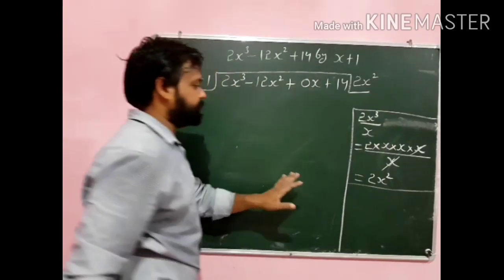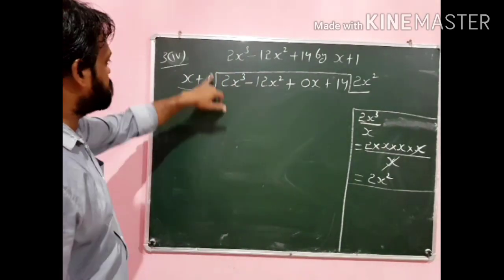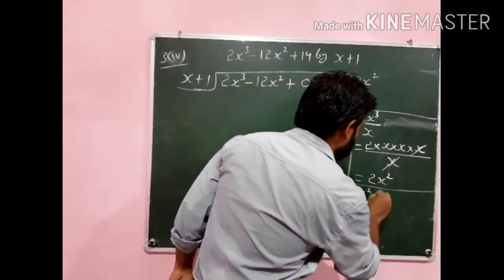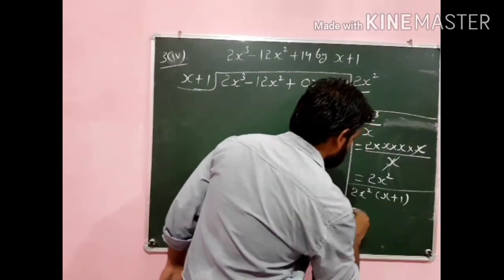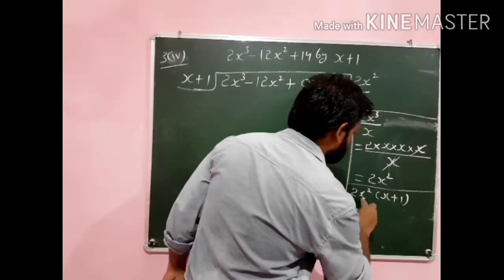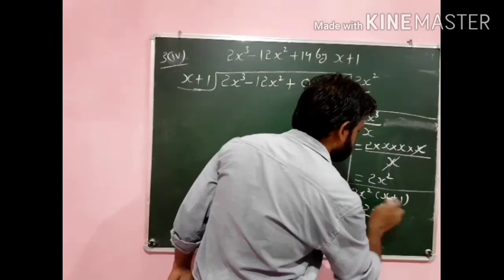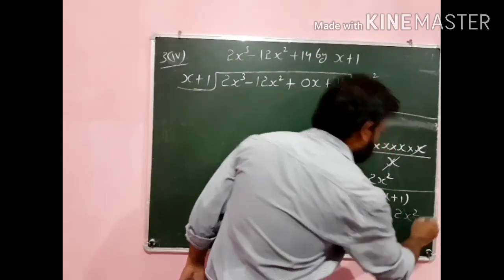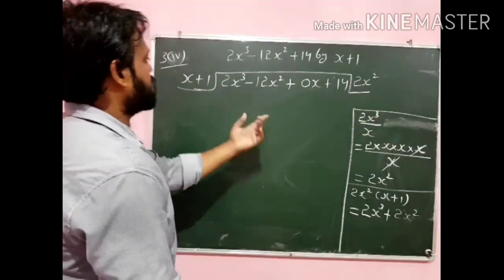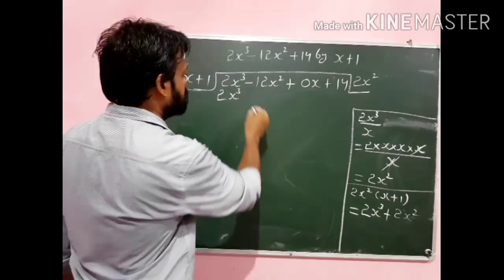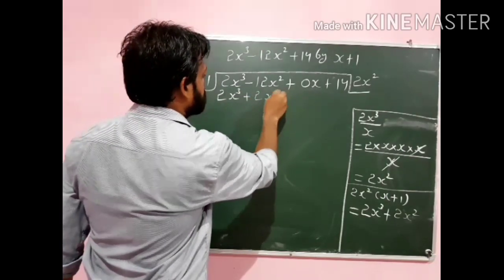And then the next step is we have to multiply this 2x square by this divisor. So it will become 2x square multiplied with x plus 1. So 2 into x square into x will become 2x cube, plus 2x square multiplied with 1 will become 2x square. So write down two values here. It will become 2x cube and this is plus 2x square.